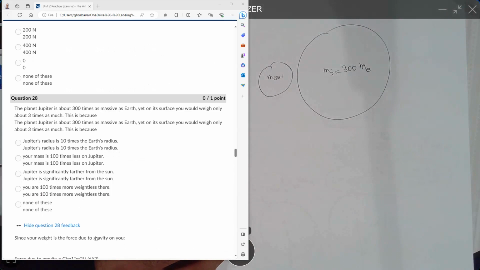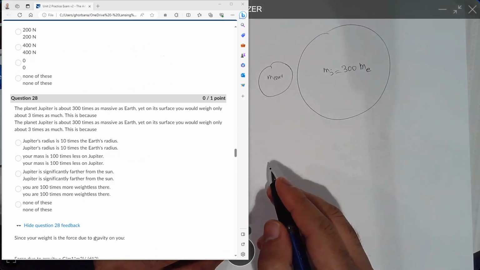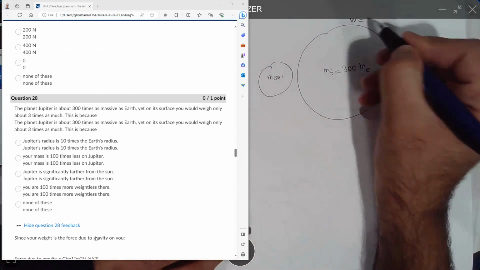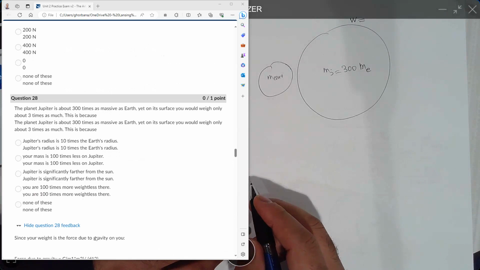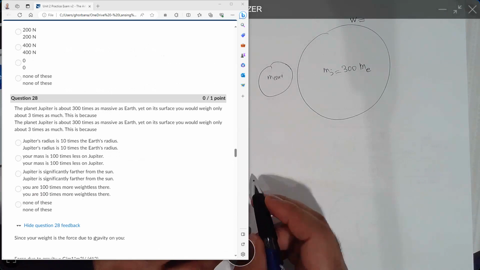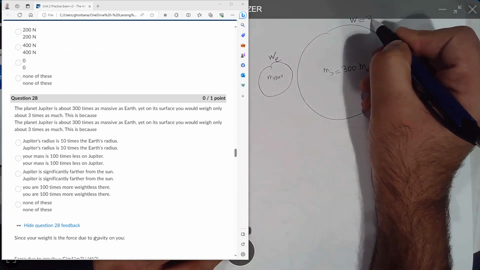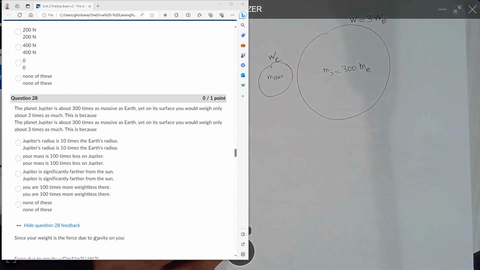And it's telling that your weight on its surface is 3 times as much as the weight on the ground. Your weight is 3 times your weight on the Earth.